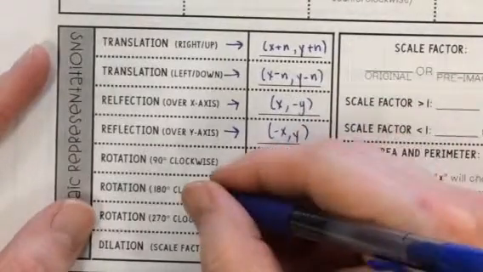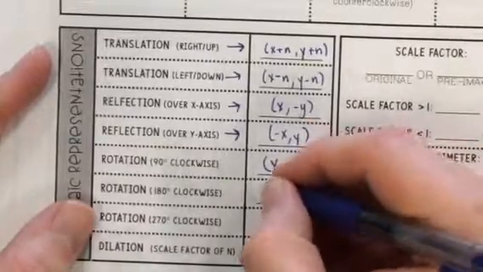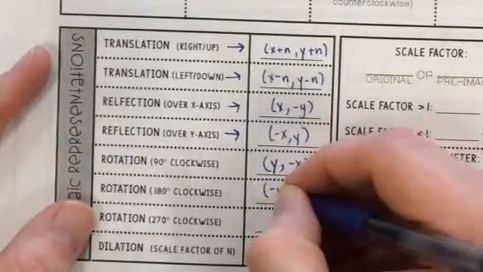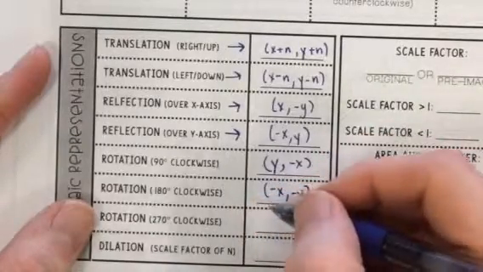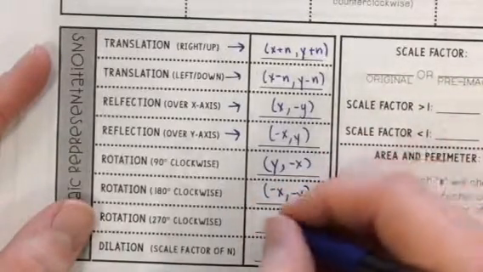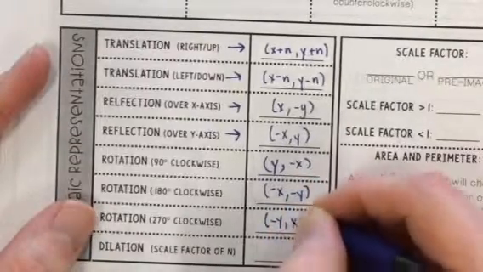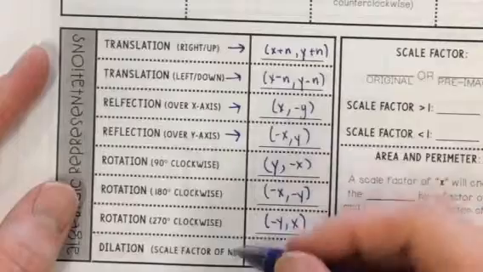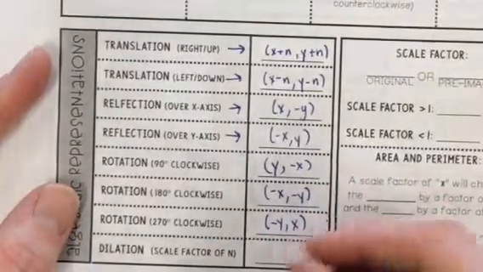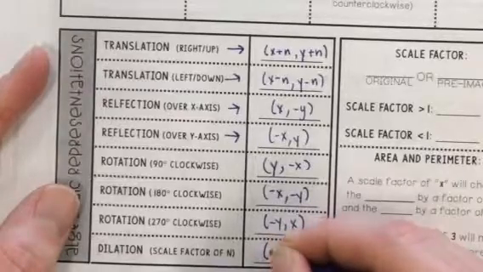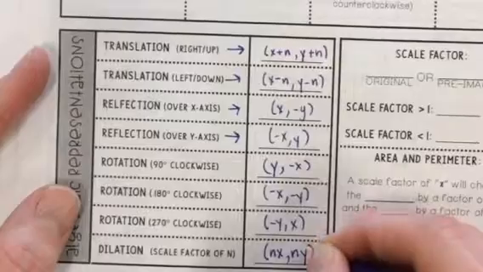A 180 degrees clockwise rotation would be (negative x, negative y). A rotation of 270 clockwise, well, that would be (negative y, x). And then if you dilate with a scale factor of n, the way you do that with an ordered pair is you would do n times whatever your x is, comma, n times whatever your y is.